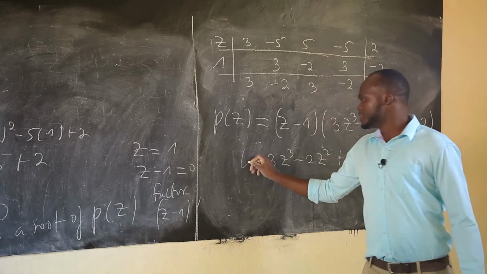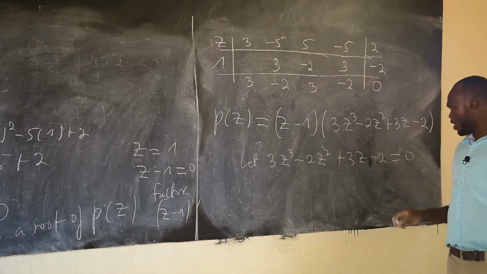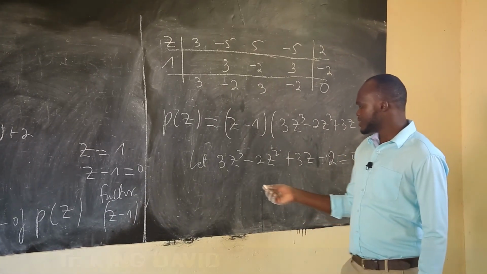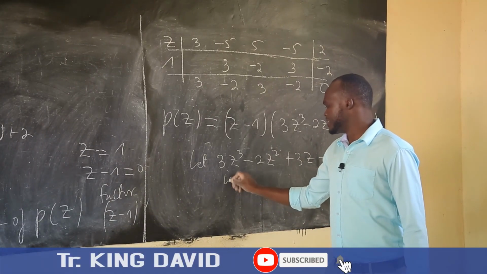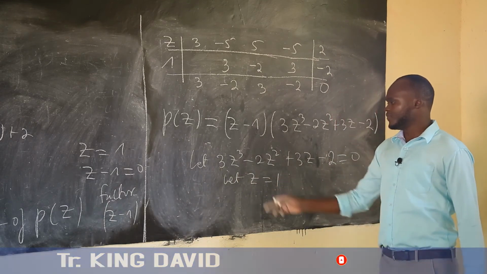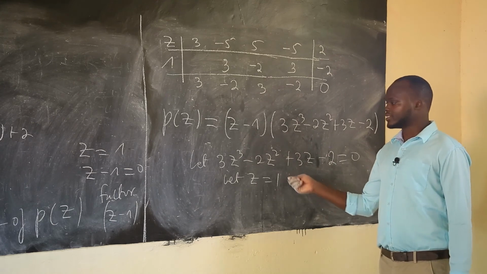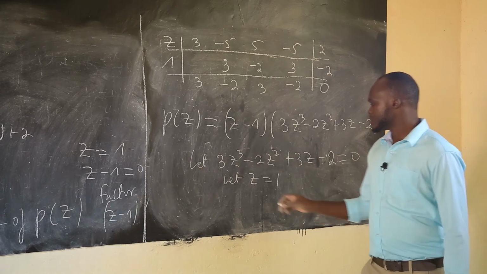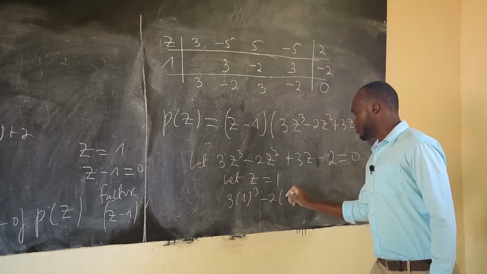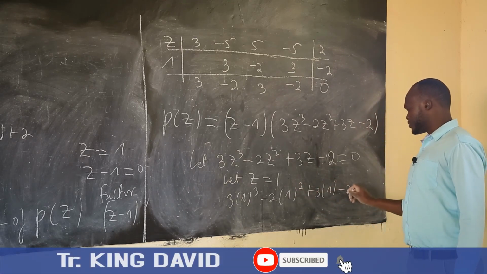So let us factorize this, which is 3Z power 3 minus 2Z squared plus 3Z minus 2. We let this one be 0 in order to find a factor or a root. So let us also let Z be equal to 1. We see if it can satisfy this equation. If we find that Z equal to 1 cannot, we will take another root. So that's 3 into 1 power 3 minus 2 into 1 squared plus 3 into 1 minus 2.